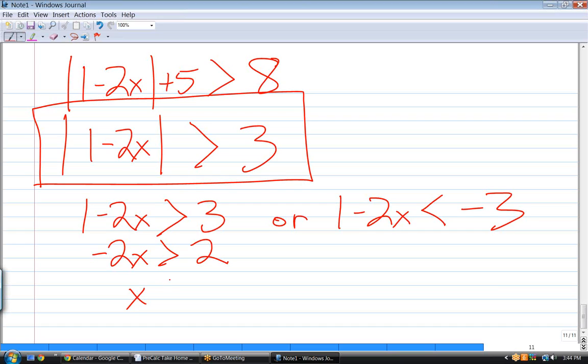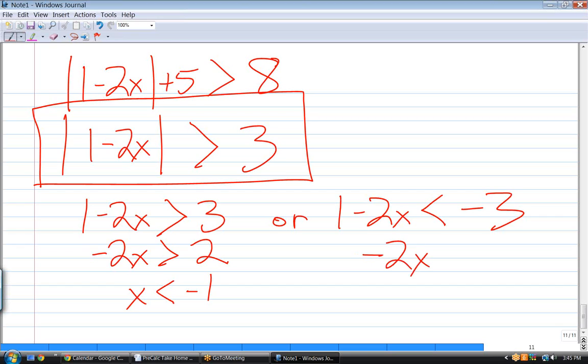So we change the sign. X is less than negative 1. Just remember that whenever you have to multiply or divide both sides of the inequality, you change the direction. And on the right side, multiply or divide. Not add or subtract, but multiply or divide only.